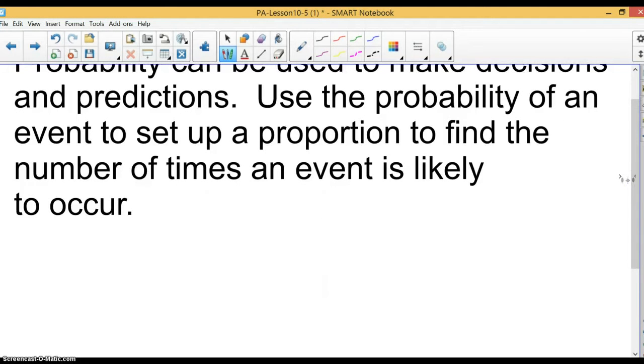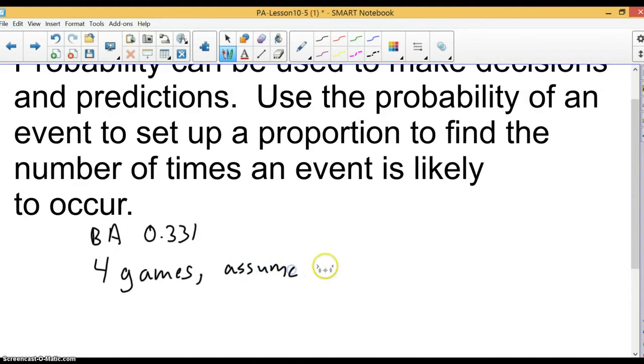First, let's look at these through an example. Let's say that we had a Major League Baseball player who has a batting average of 0.331. And over the course of the next 4 games, we want to know how many times is he going to get a hit. And we want to assume there are three at-bats a game.